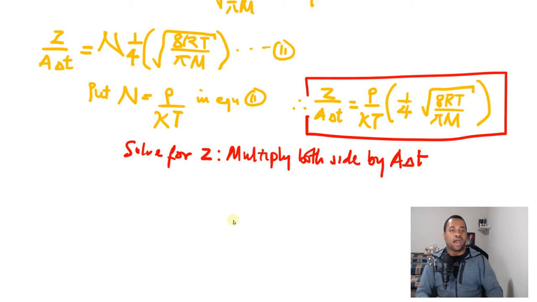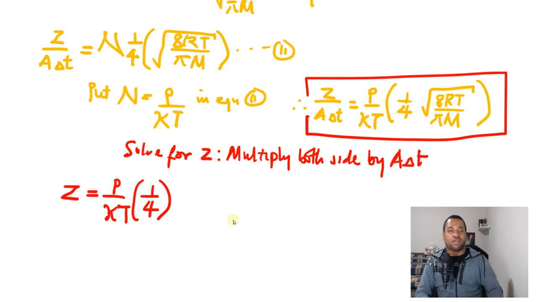Our new equation in terms of Z is equal to P over Boltzmann's constant multiplied by temperature, multiplied by 1/4.